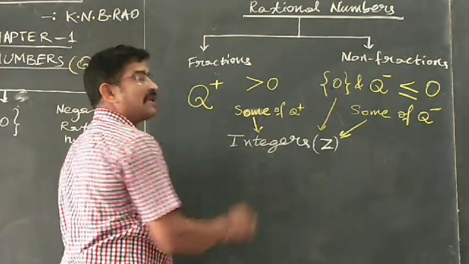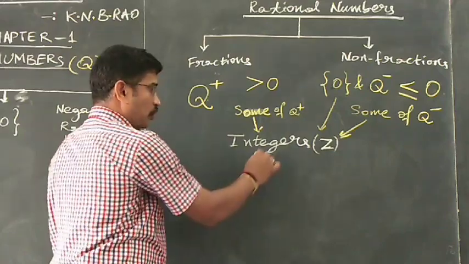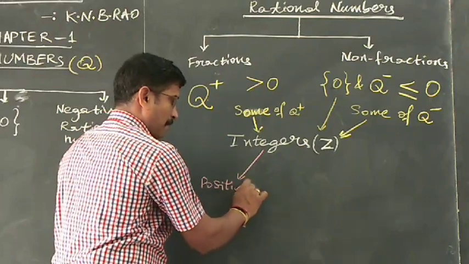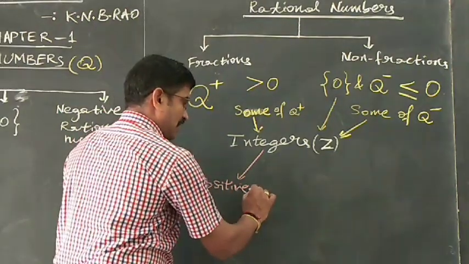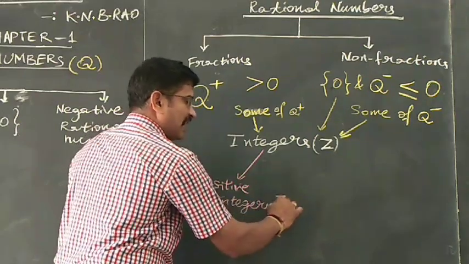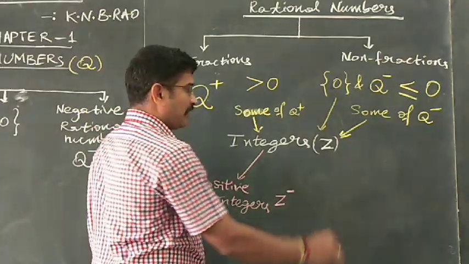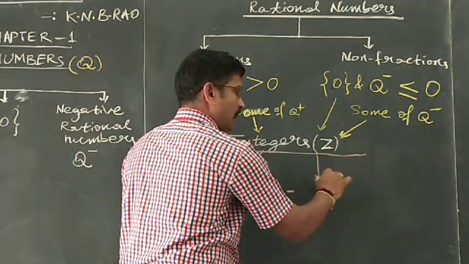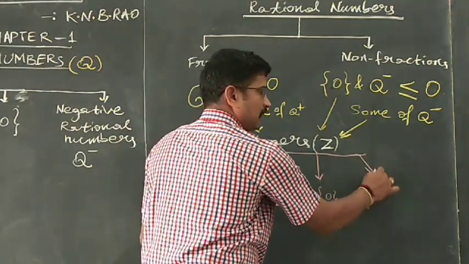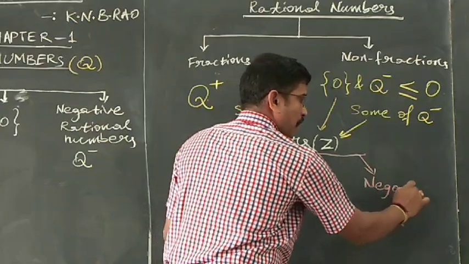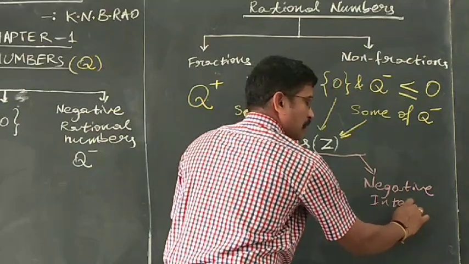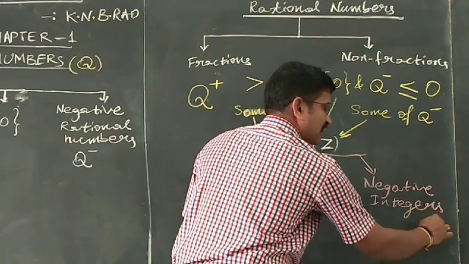Now, this integer set I am subdividing again into positive integers, that is, I label it as Z. Next, I have the singleton set 0 and negative integers, that is Z minus.